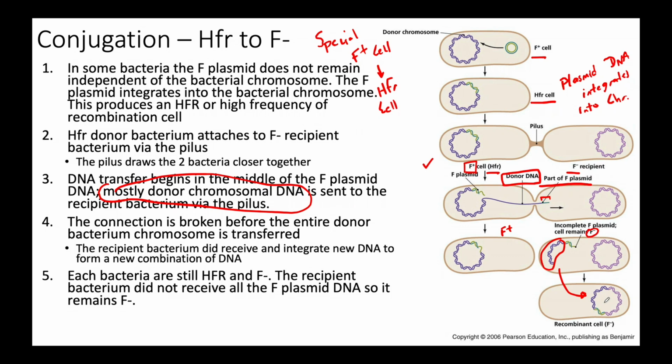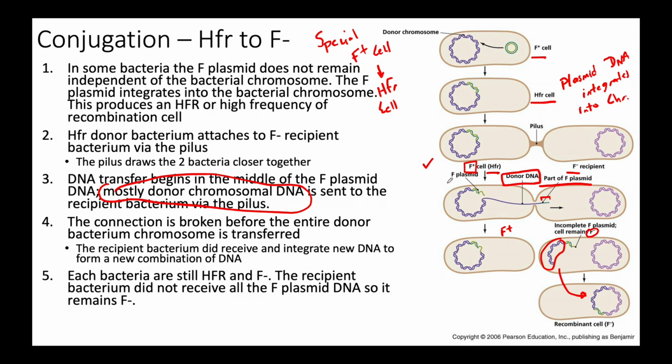Again, how that changes the bacteria is unknown. It depends upon what was present before and what is present in this new piece of donor DNA that it received. But what it's showing is a mechanism that allows for the combination of DNA that wasn't combined previously.